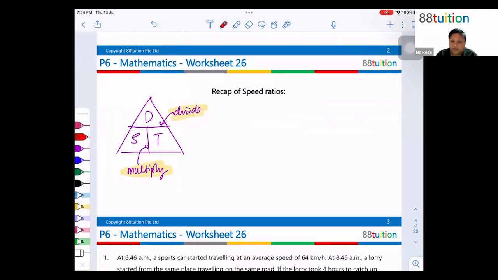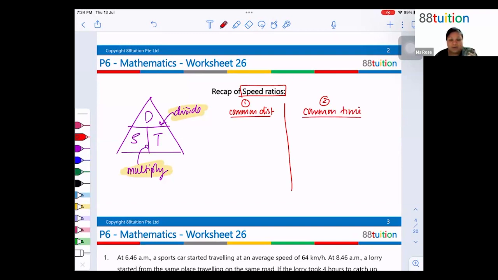The other part that we learn in terms of speed ratios will be your common distance, and the second one is we learn common speed, a common time. There's no common speed. If you have common speed, it means you cannot find anything because all are moving at the same time, at the same pace.